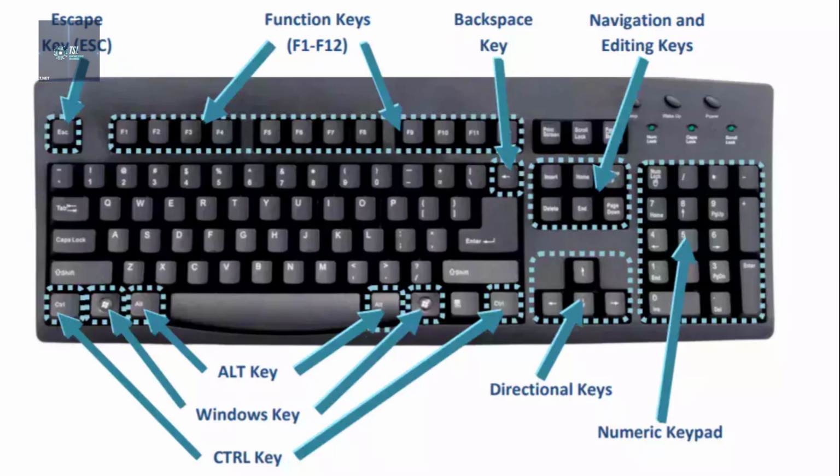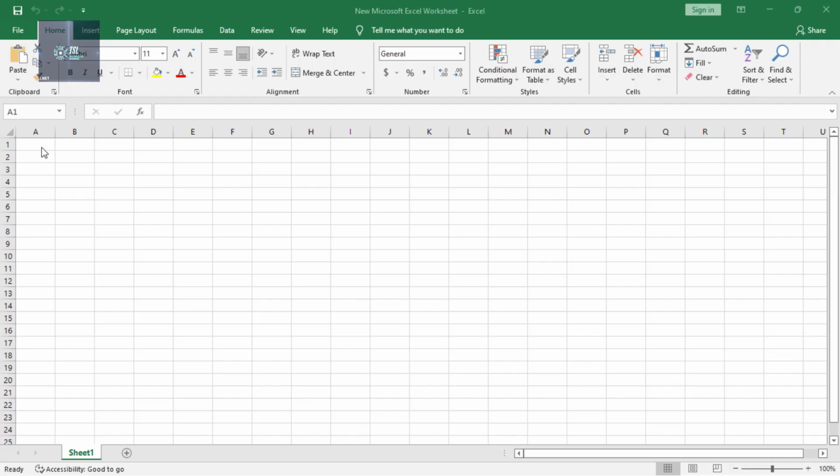Keyboard shortcut. For basic worksheet navigation, you can use some keyboard shortcuts. Use the arrow key on your keyboard to activate cells on the worksheet.